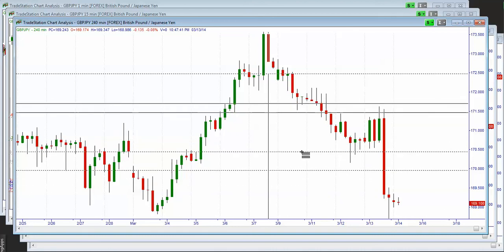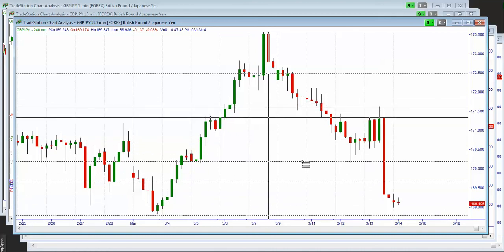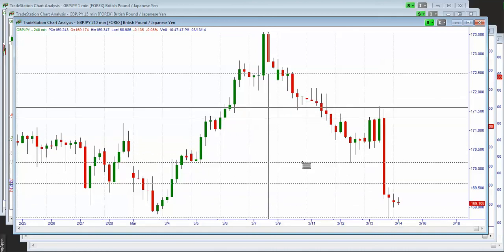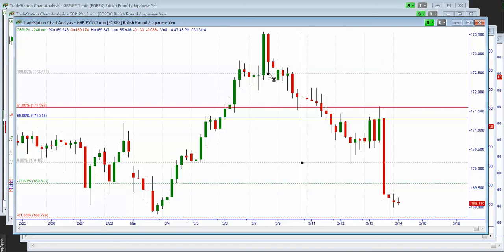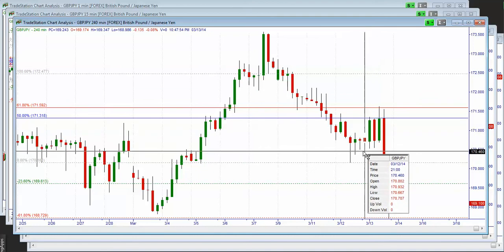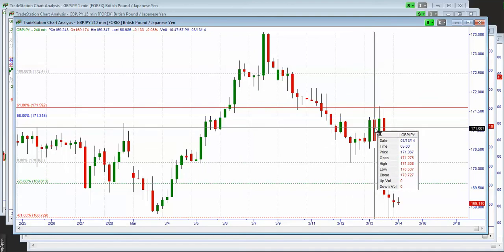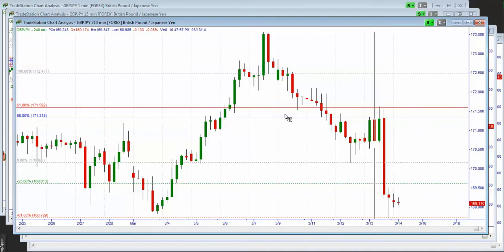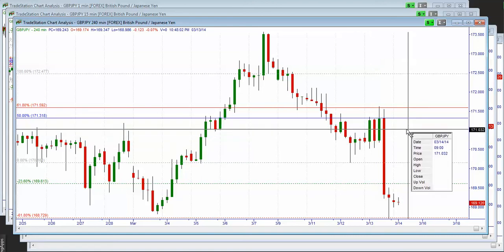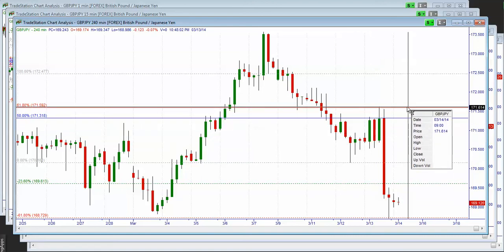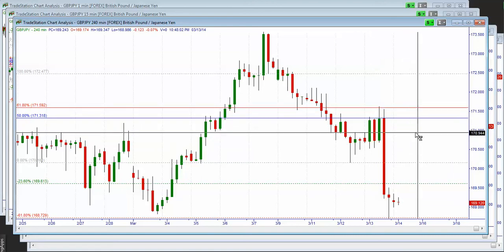So the next level that we needed to consider was again the lows to lows. And as you can see here, initially this market reacted to this 171.31. You can see how powerful these levels are, and how important it is to track what program trading is doing.